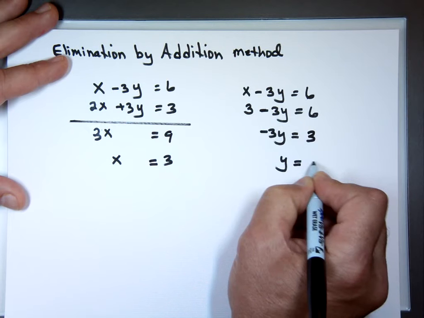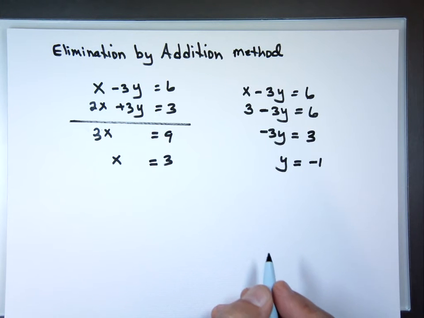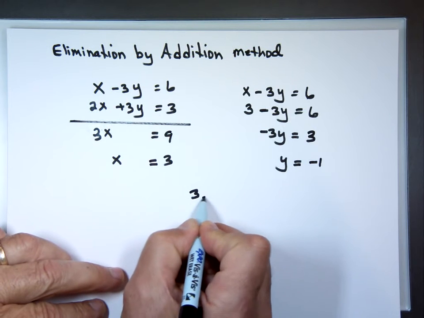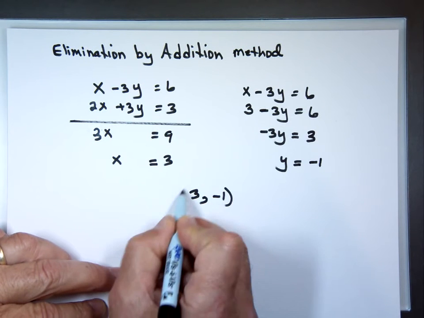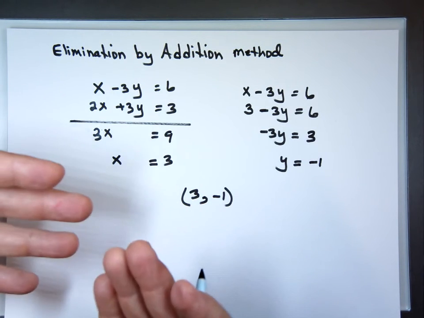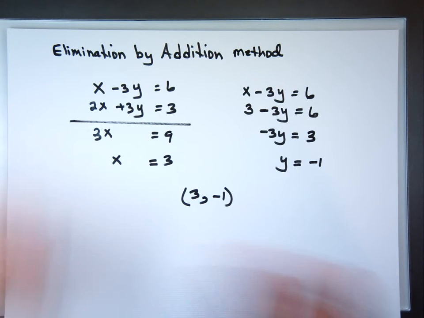Negative 1. So my solution, 3 comma negative 1, and you test that solution. I already tested that one, so I'm not going to waste the time on testing it again. But that's my solution. You're supposed to eliminate one of the variables when you add.